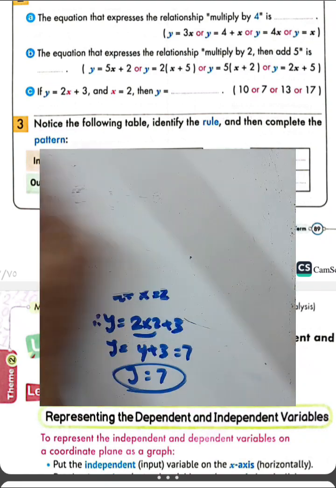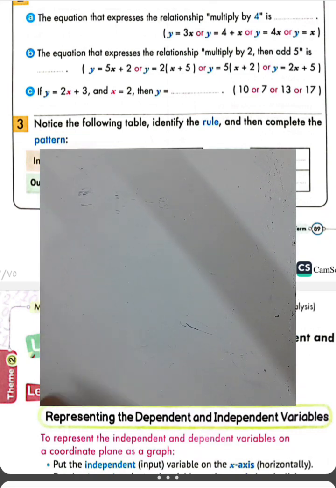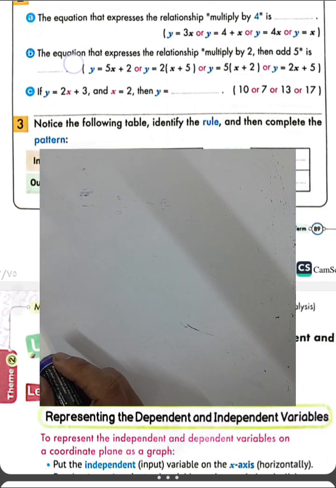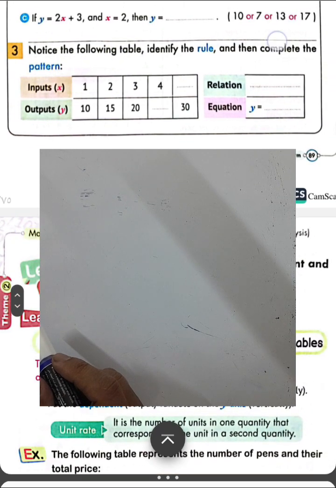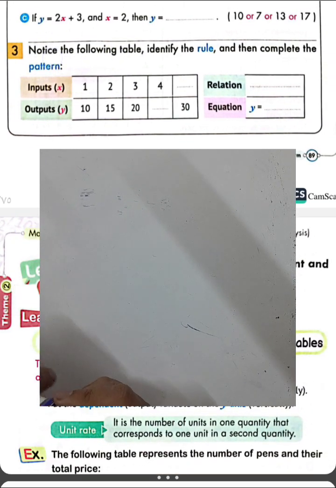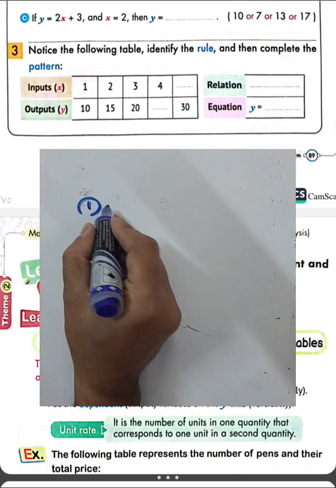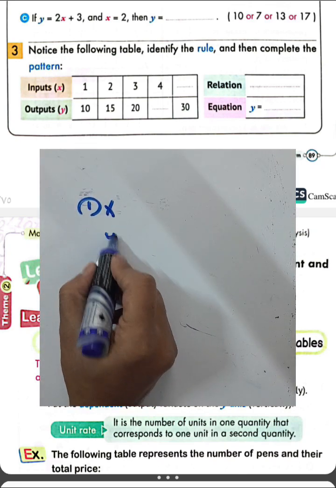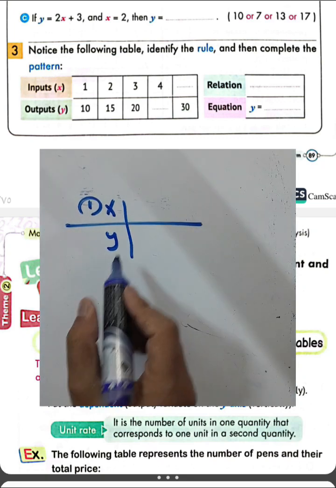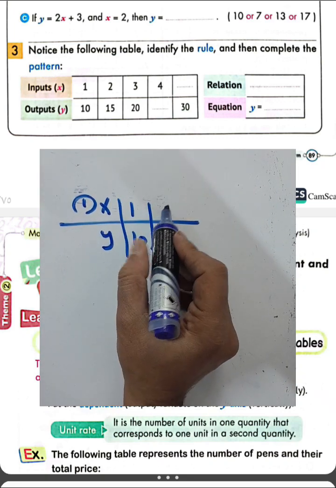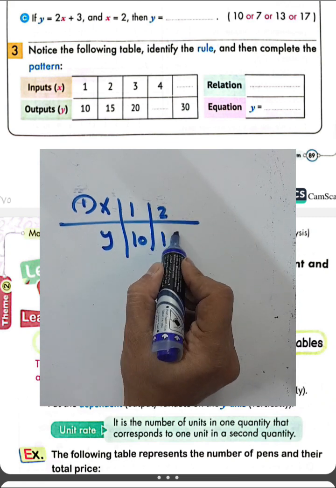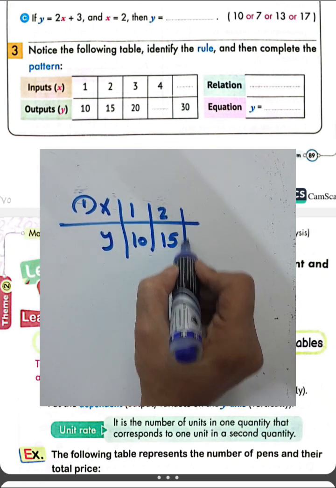Question number 3. Notice the following table, identify the rule and then complete the pattern. Number 1, we have x as input and y as output in the table. We have 1 converting to 10, 2 converting to 15, 3 will be 20.